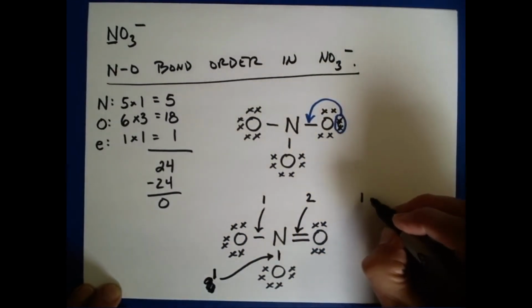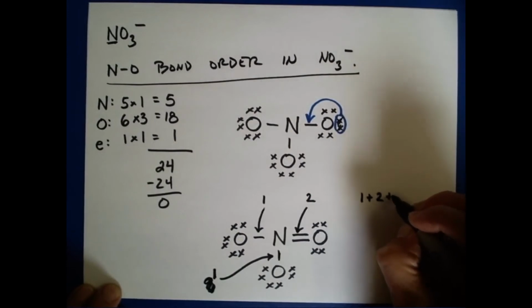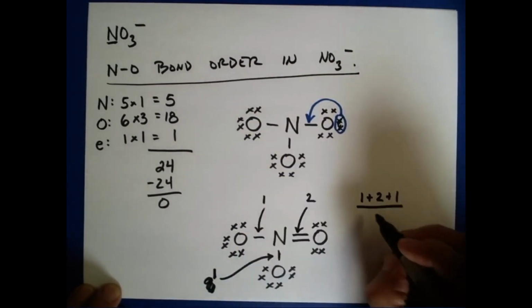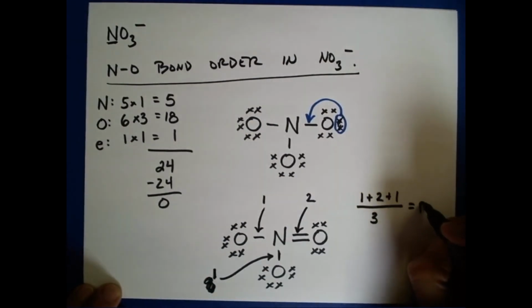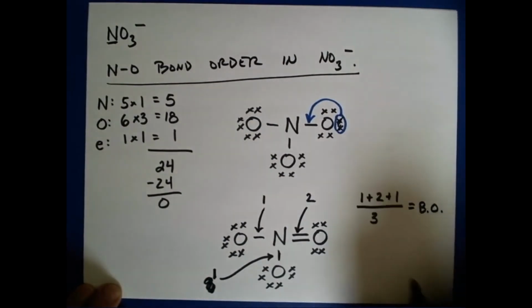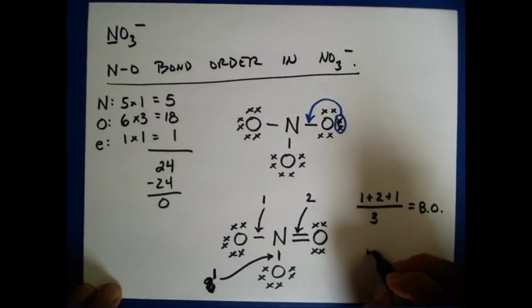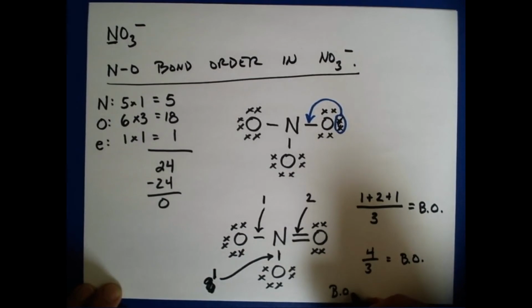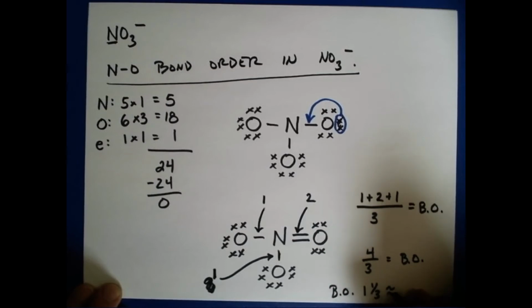So we're going to take 1 plus 2 plus 1, and we're going to divide that by our 3 nitrogen-oxygen connections to calculate our bond order. That's going to come out to 4 over 3. That's our bond order. So we'd say our bond order in the nitrate ion is going to be 1 1/3, which is about equal to 1.33.